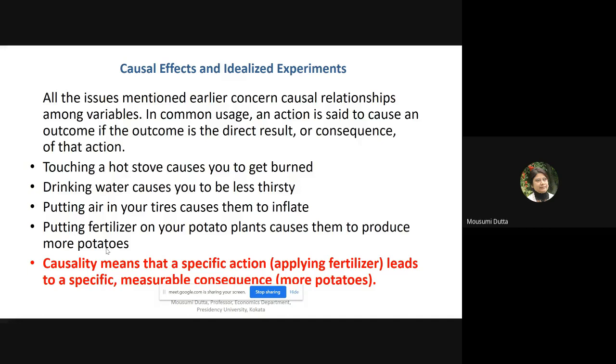Now the relationship between y and x will be a causal relation if and only if x is in no way related to y. x is truly external. If x is truly external, in that case we can say that yes, y is the effect of x, or x is the cause of y.